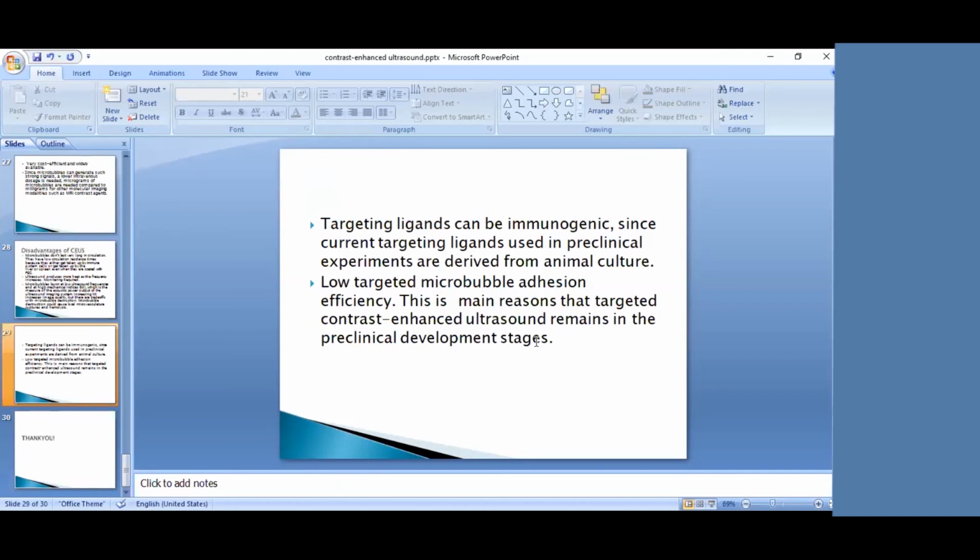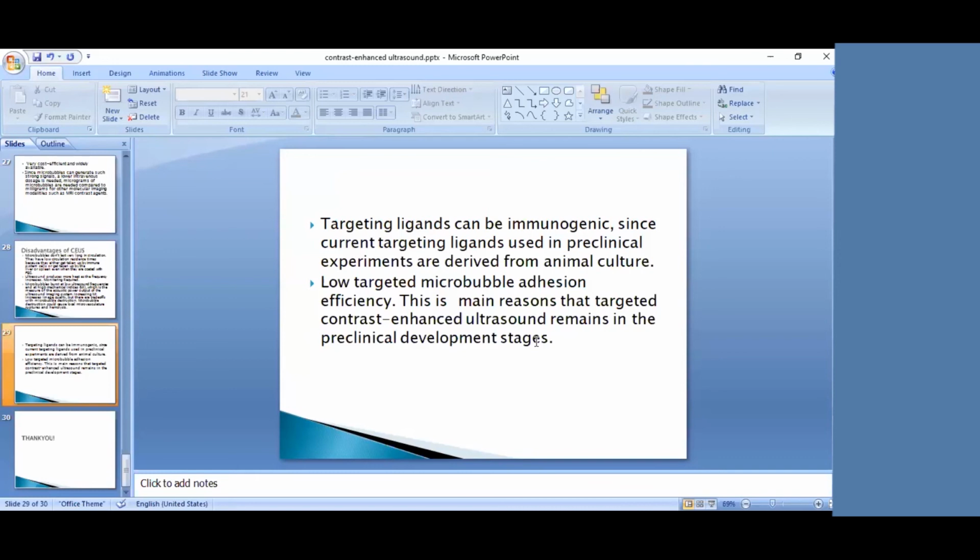This targeting ligand can be immunogenic, meaning it will aggravate the immune system, since current targeting ligands used in preclinical experiments are derived from animal culture. Also, there is low targeting microbubble adhesion efficiency. This is the main reason that targeted contrast enhanced ultrasound remains in the preclinical development stage.